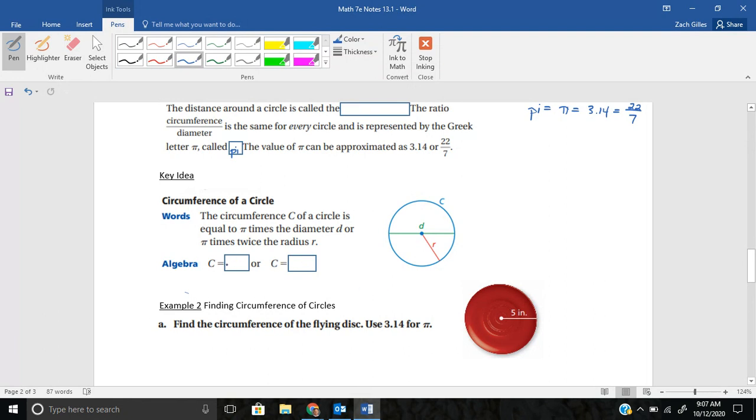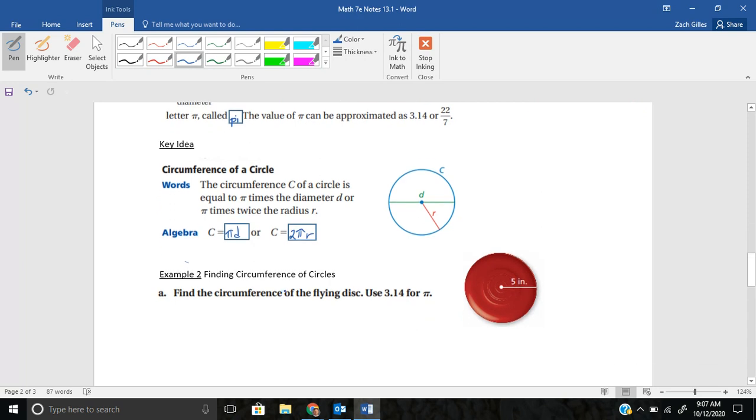Circumference is equal to pi times our diameter, or you can think about it as 2 pi times r, because 2 times the radius just is the diameter. All right, so one equation is using diameter, one equation is using radius. They're the same thing. You can use either one of those to find circumference.